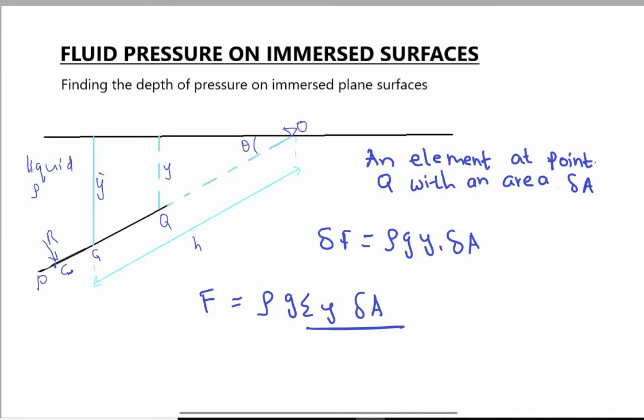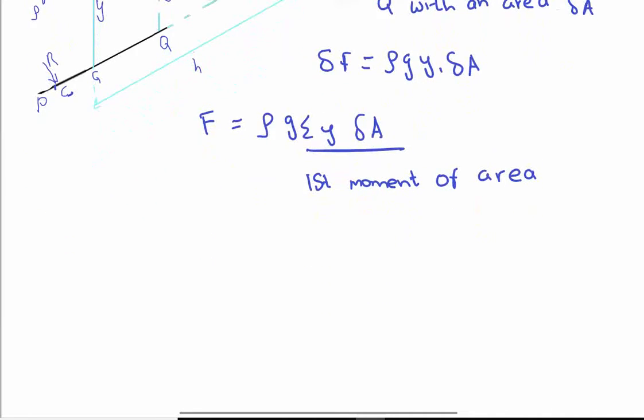Now this equation here is the same as the first moment of area. So the first moment of area is A y bar. Therefore R will be equal to rho g A y bar, and that is the resultant force acting at the point C.